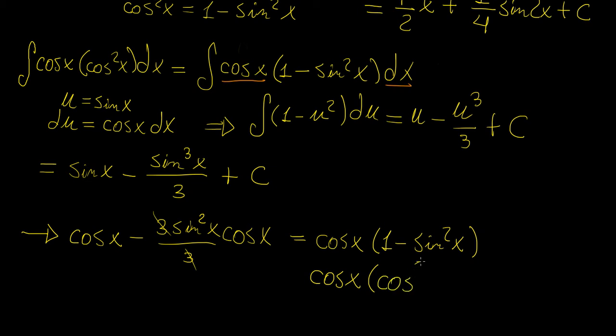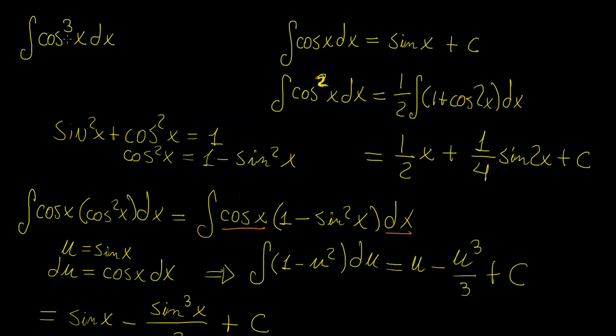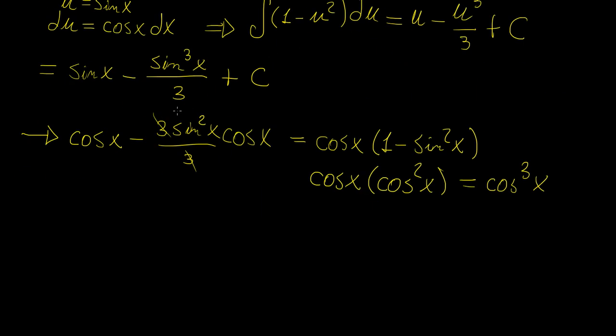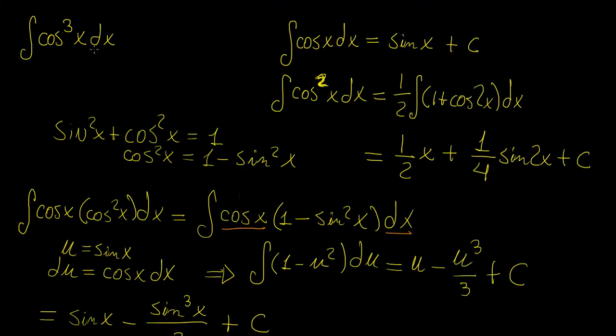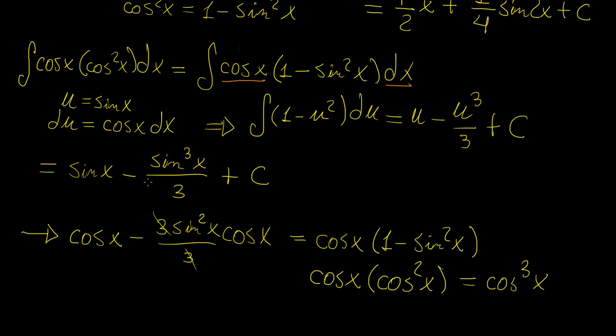So cosine squared x, and then this becomes cosine cubed x. So it turns out that by doing this rather clever manipulation of the integral, we get the correct answer once again. And you wouldn't expect this to be the answer, but it turns out that the actual integral is going to be sine x minus sine cubed x over 3. And in the next video, we're going to continue on this by looking at more general examples and higher powers of cosine.